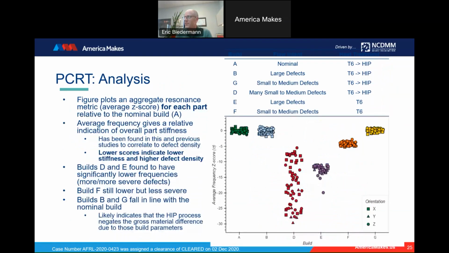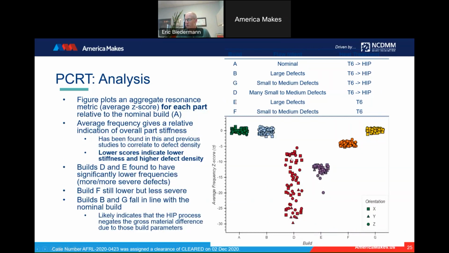So we had several different groups in this population. Group A was built with nominal parameters and then was subjected to T6 heat treatment and HIP. Several defective batches were also subjected to T6 heat treatment and HIP, and then some were not. So they were looking for differences between, say, groups E and B, both of which were made with large defects, but E was not subjected to HIP while B was.